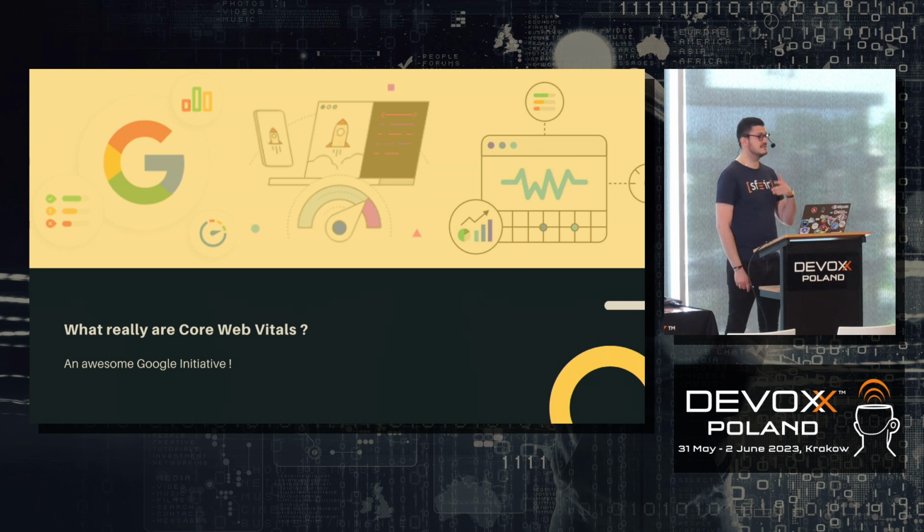So nowadays, it's very important to respect the Core Web Vitals because they have a huge impact on the indexation of your application in the Google search engine. In other words, an application that respects the Core Web Vitals has a better indexation in the Google search engine than an application that doesn't.